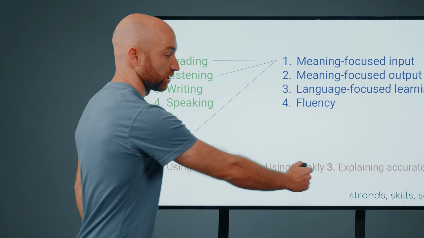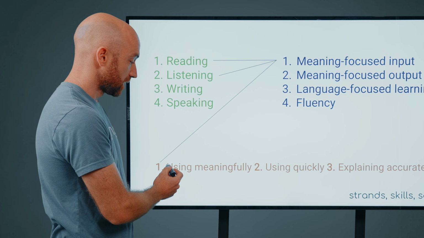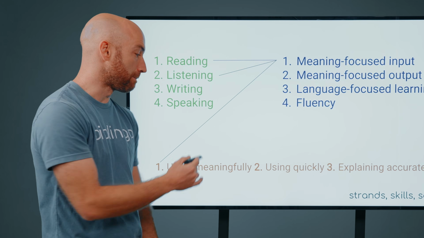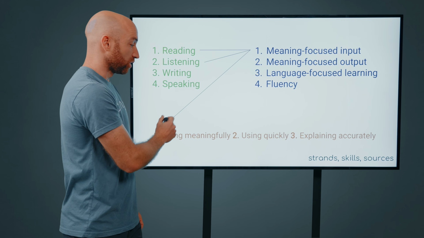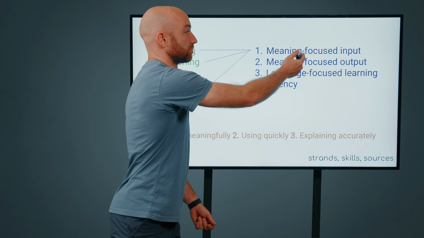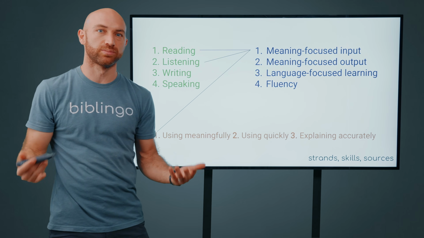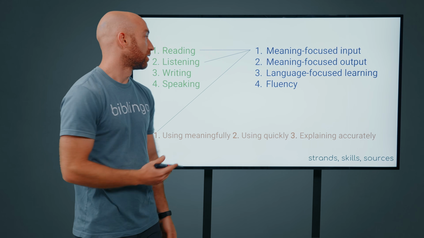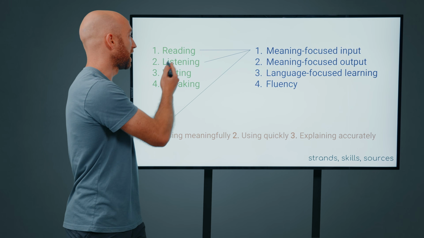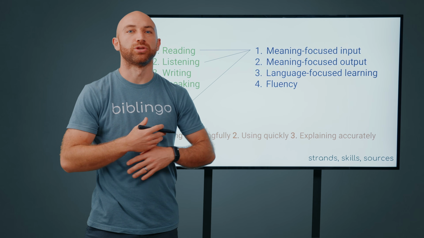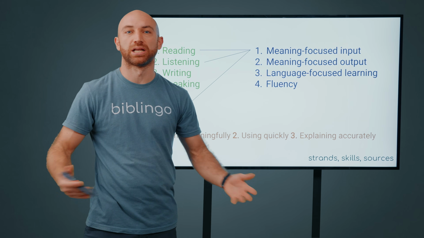In terms of our sources of knowledge, these are ways in which we are using language meaningfully. So reading and listening, we're using language meaningfully, and we have input. It's meaning-focused input. So in a classroom setting, or when you are trying to acquire a language, meaning-focused input might be something like reading a text that you know 98% of the words in.